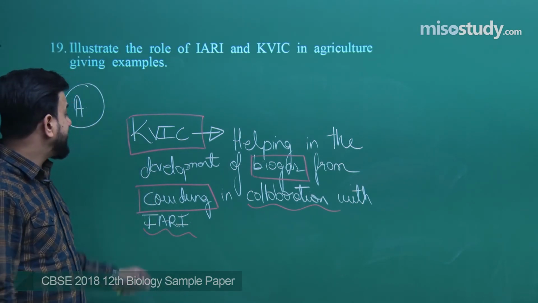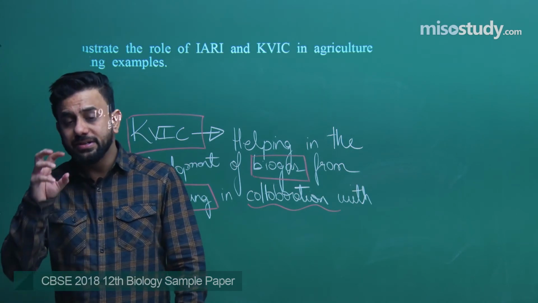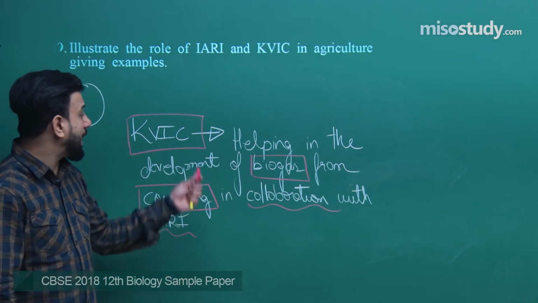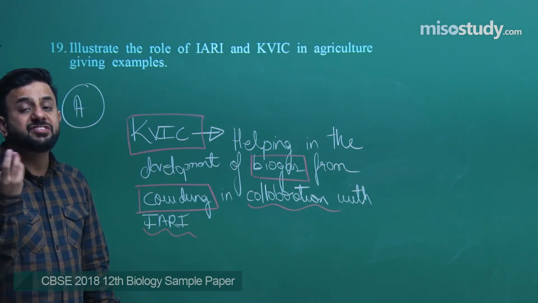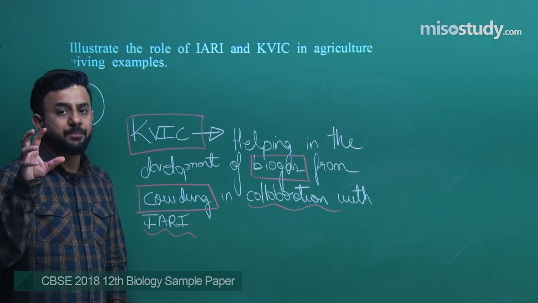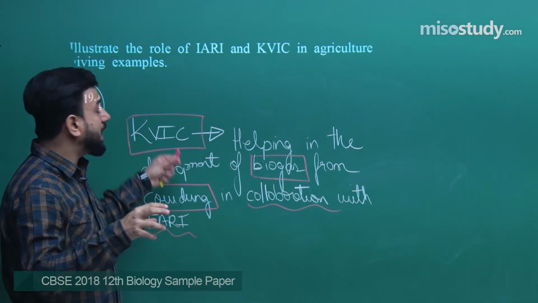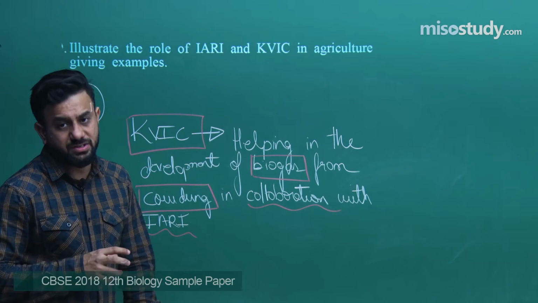Now basically, KVIC is a type of biogas model which was developed and which has a cylindrical digester. When you read about the different biogas plants, we see that KVIC is also one of the models.